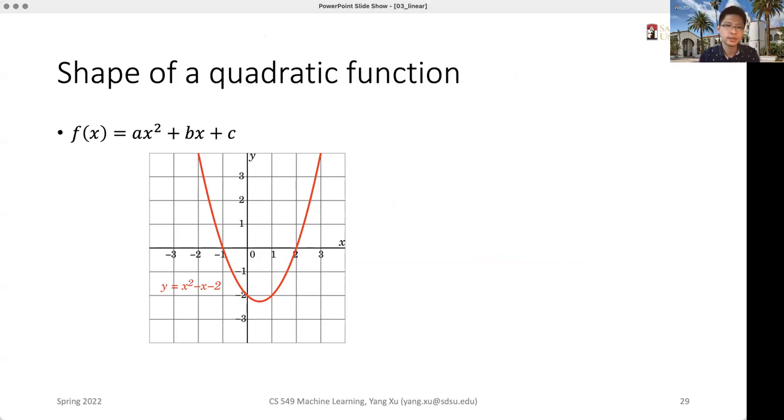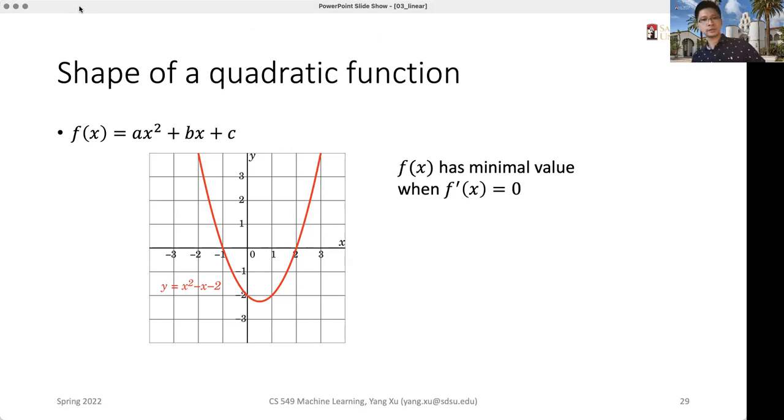In this particular example, what we plot here is y equals x squared minus x minus 2. We can always find the point where this function is minimized, and because our goal is to minimize the cost function, this is good news for us. All we need to do is to find the minimal point.